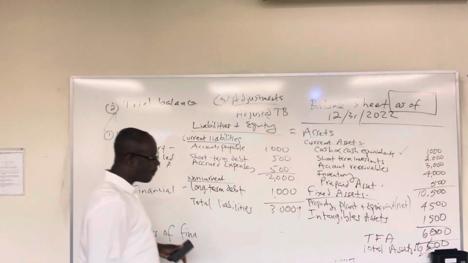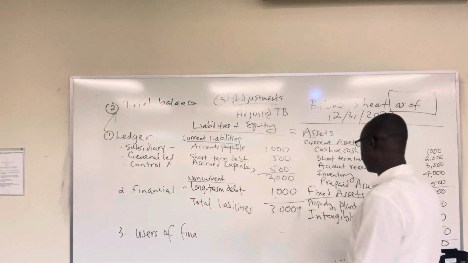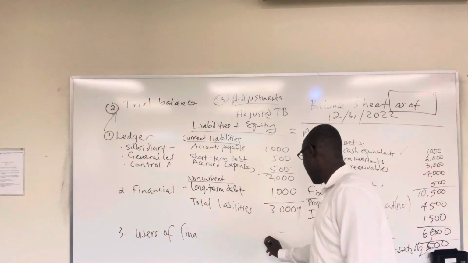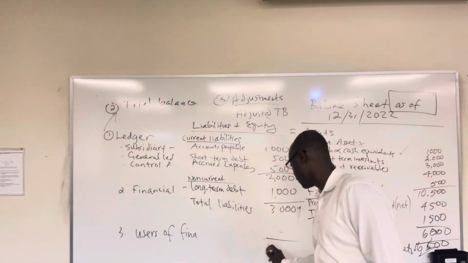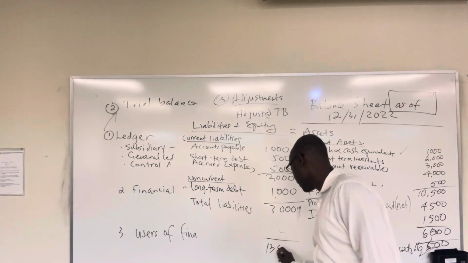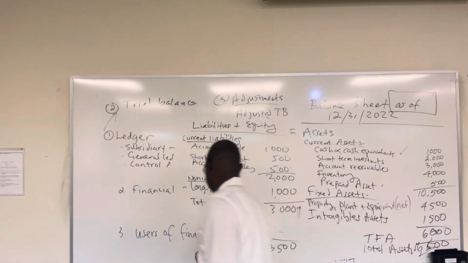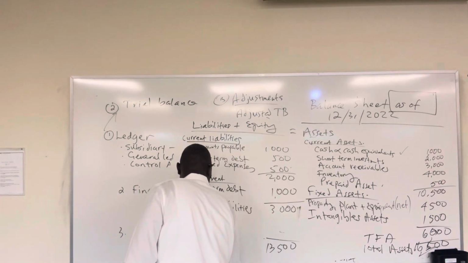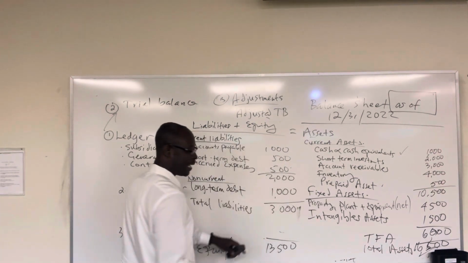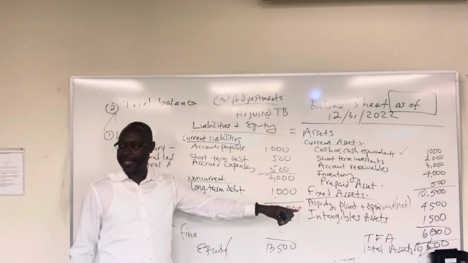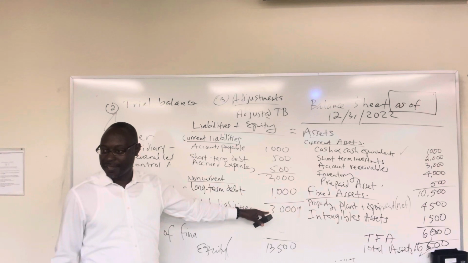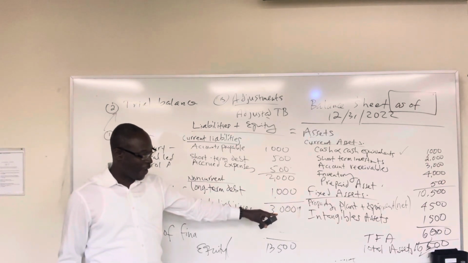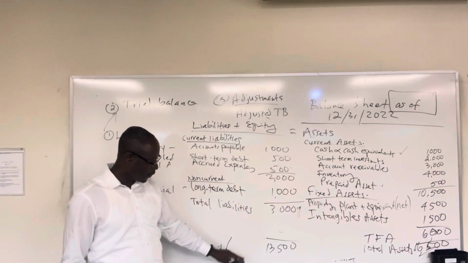So if my assets are 16,500 and my liabilities are 3,000, then my equity has to be what? 13,500 is my equity. How do I know that? It's basically my assets of 16,500 minus 3,000, which gives me 13,500.